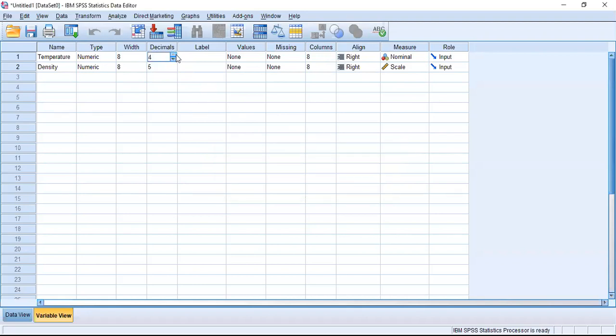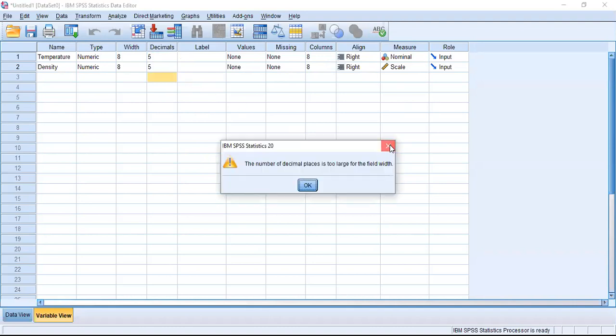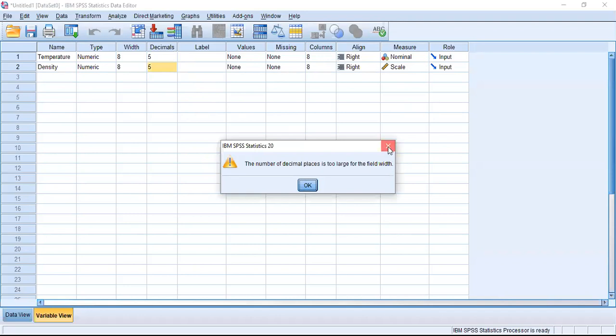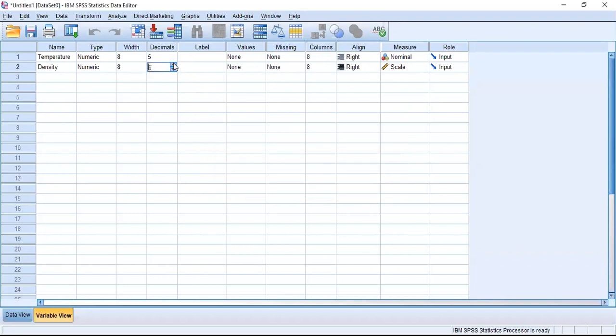They're saying the number of decimal places is too large. Let's see where we can arrive to. I think it gets up to what? Let me try 6, because they're saying that's too large. 6, it's working.